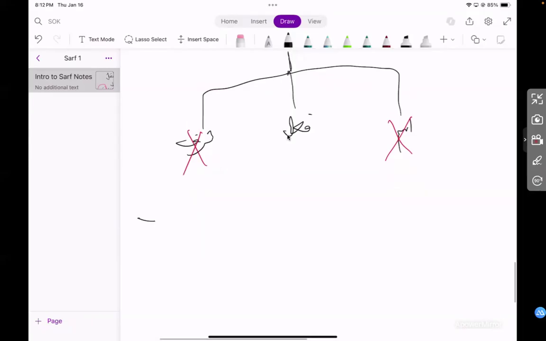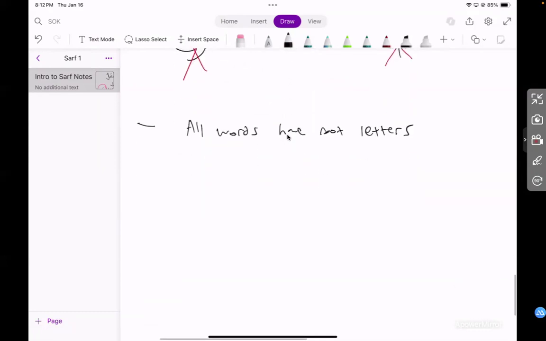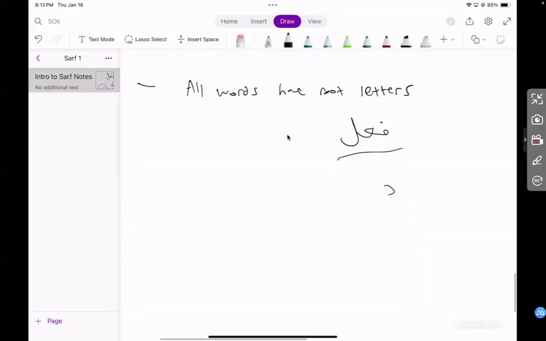Another thing that we've discussed is that all words have root letters. The base root that we've been using since day one to understand how words work and what their extra letters and root letters are is fa'ala. This is the base. In the slides, I gave the example of hadamna.